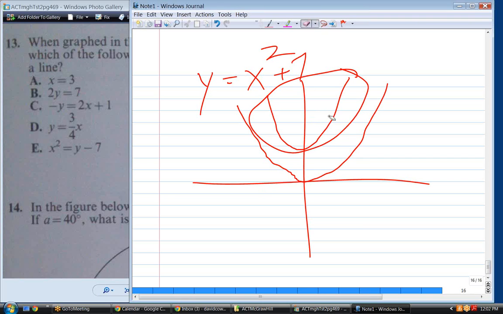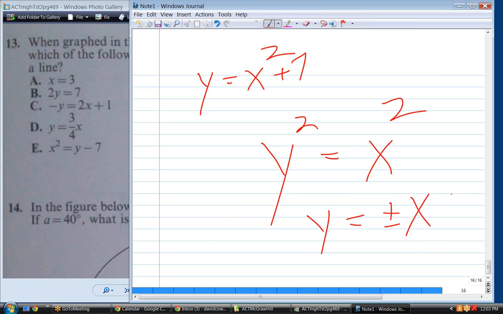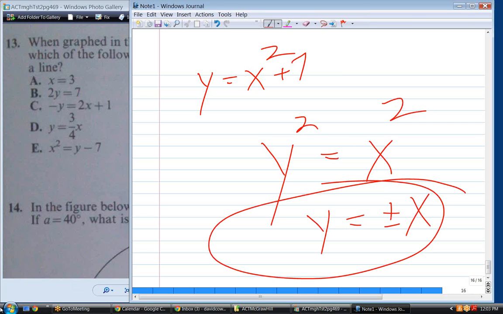All we need to do is recognize that when you have x squared in an equation, you're going to have a parabola. Now, not if it was this. If I gave you that, well, that's the same as y equals plus or minus x. That's two straight lines. So just finding a square doesn't make it a straight line, but finding one of the variables squared and the other variable not definitely makes it a curved line. Okay.